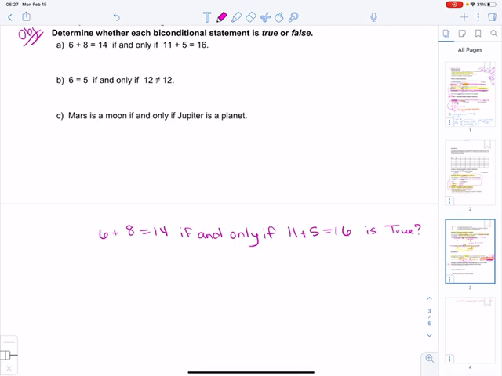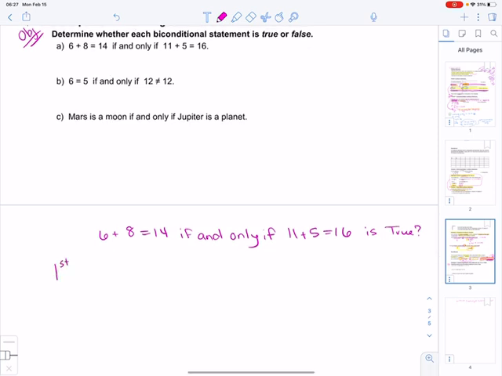first, we are going to identify our P and Q. Because the statement is P double arrow Q, P is equal to 6 plus 8 equals 14. And we ask ourselves, is this a true statement? Is P true?